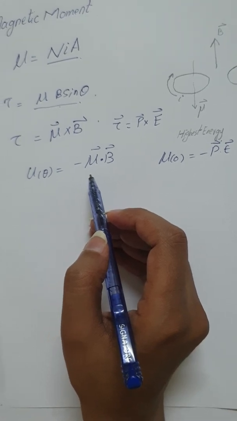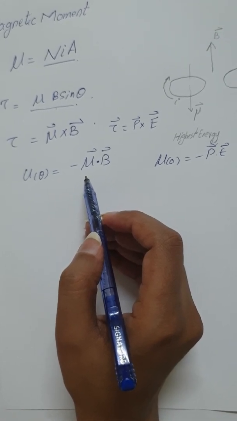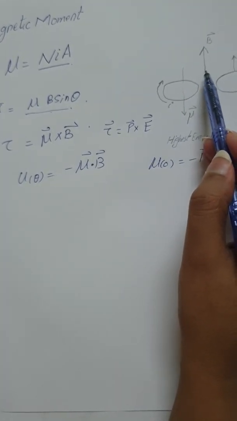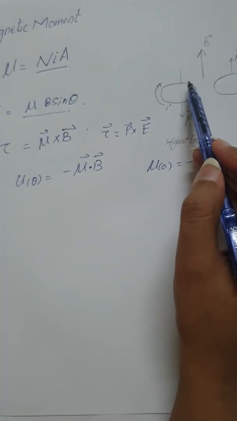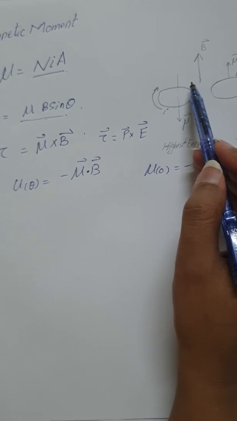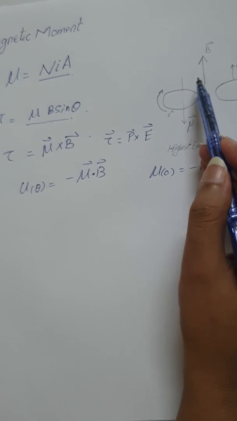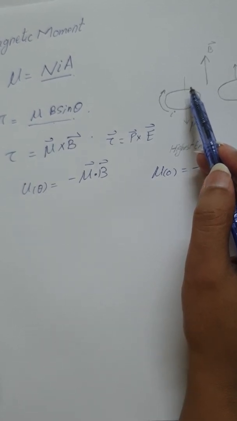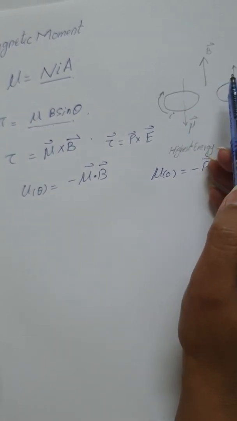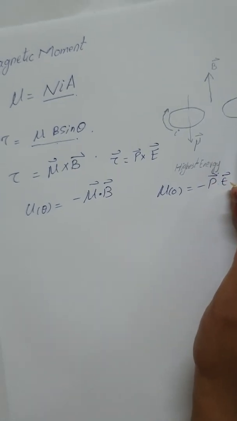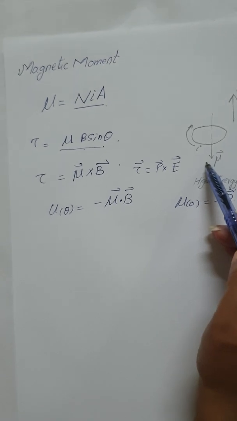A magnetic dipole has its lowest energy when the angle between the magnetic field and dipole moment is 0, or cos 0, or you can say when its dipole moment mu is lined up with the magnetic field. It has its highest energy when mu is directed opposite to the field.